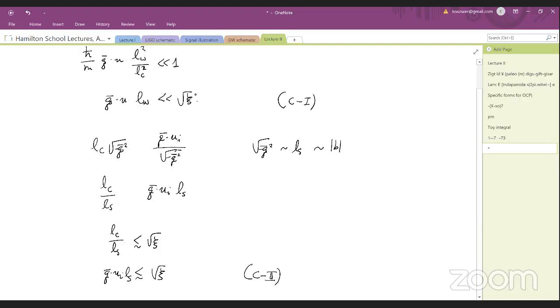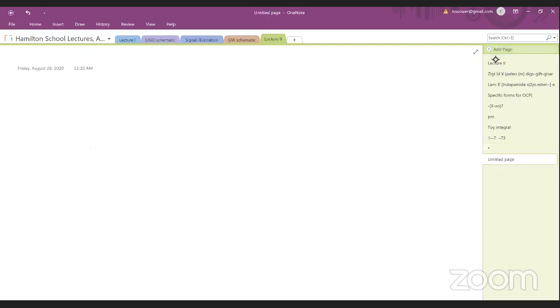So that's going to tell us that when we've chosen a peaking wave function, we're going to get out the feature that we need, the wave packet size being much smaller than the scattering length.